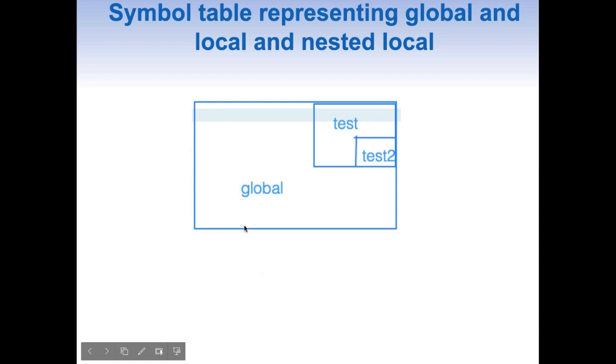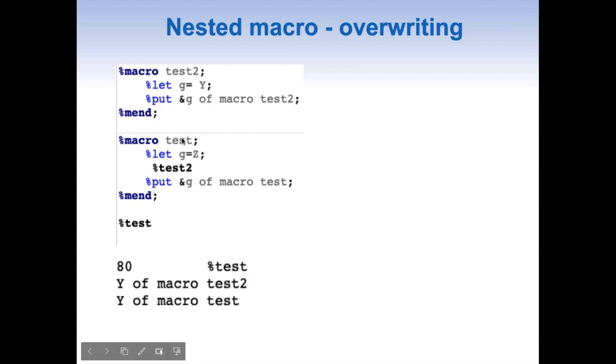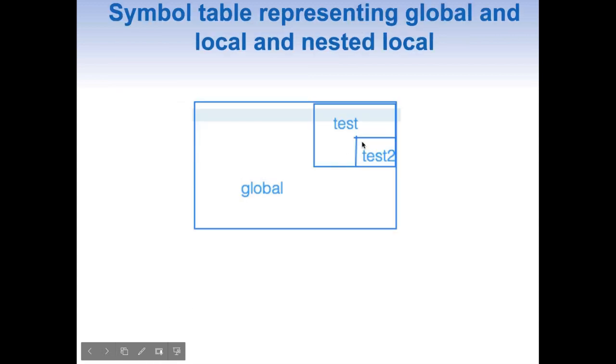Here I have a symbol table, and this is the global symbol table, and test2 is nested within this test macro. If you see here, we have test, and test2 is nested within this test.